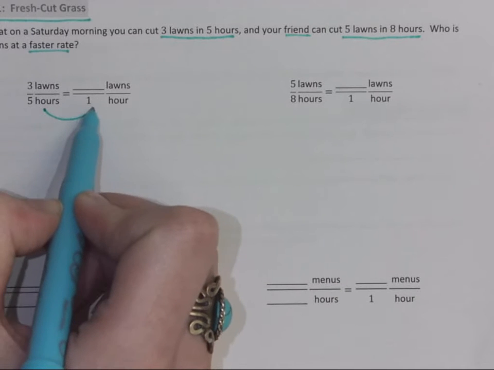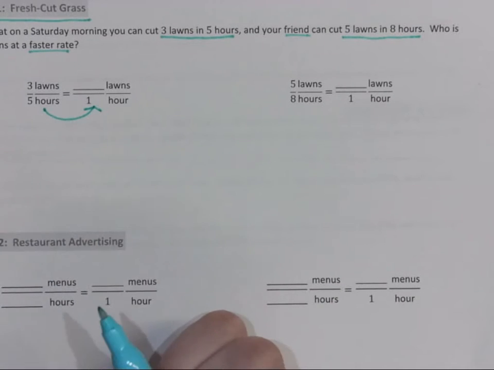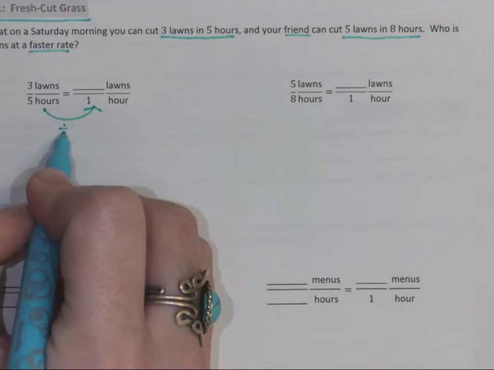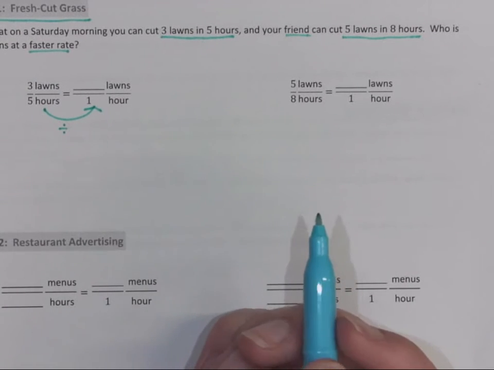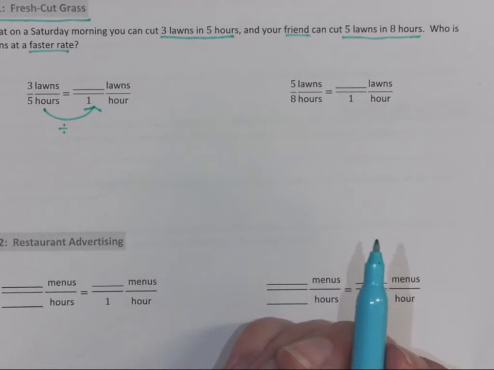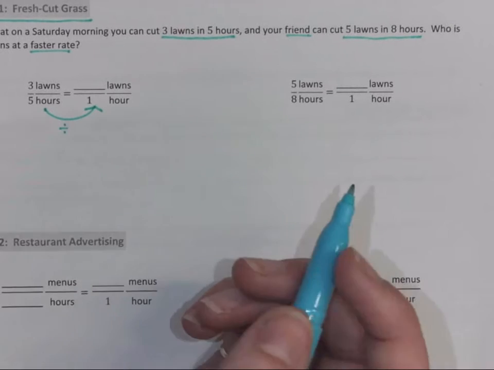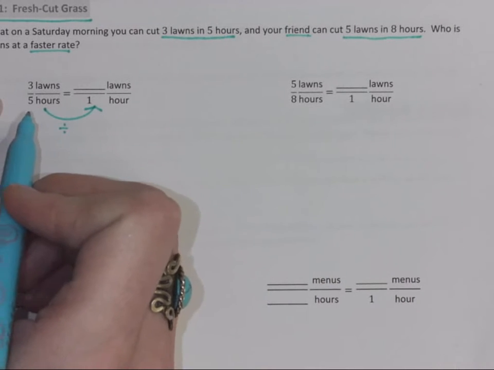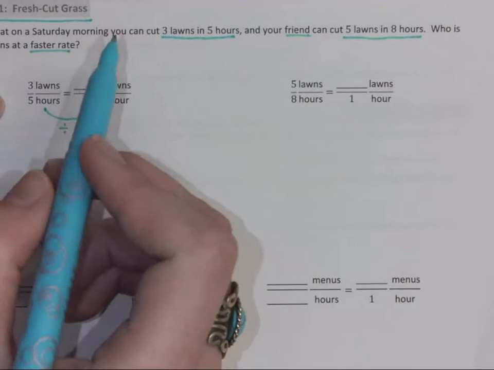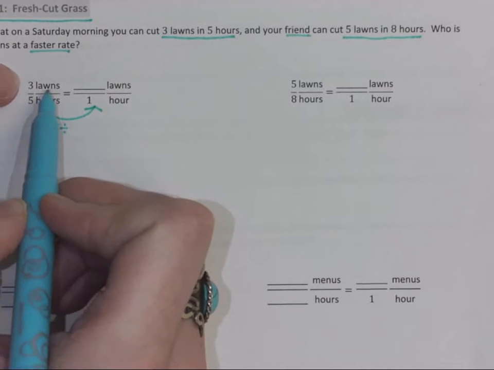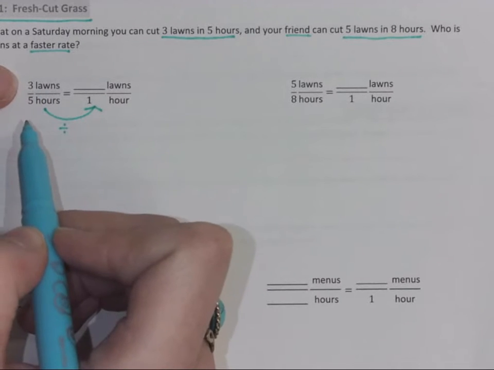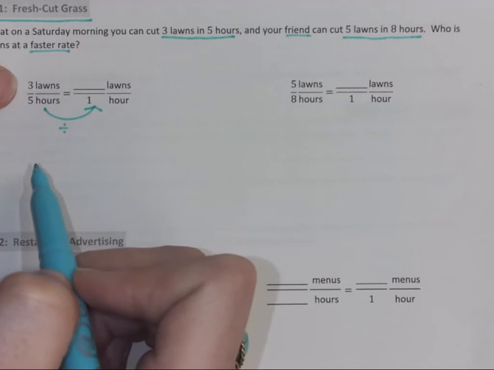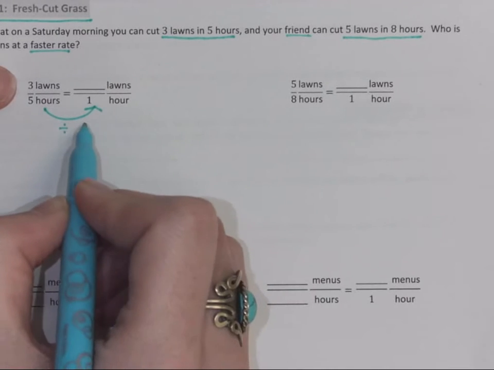Why? Because it basically shows us dividing on the hours part, and then dividing by 5 on the first part. So, because we need the amount of lawns per hour, not in 5 hours, we're dividing both sides by 5.